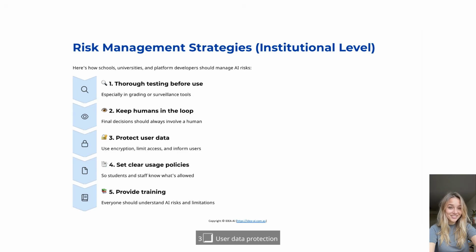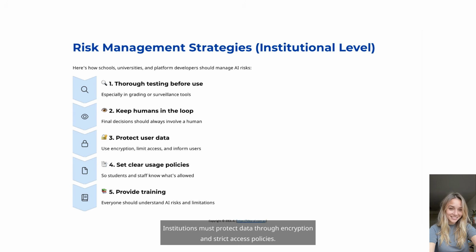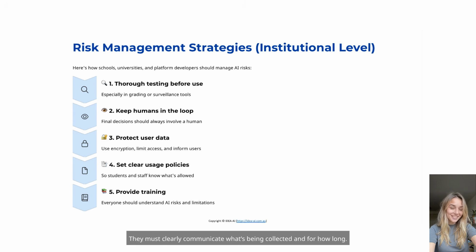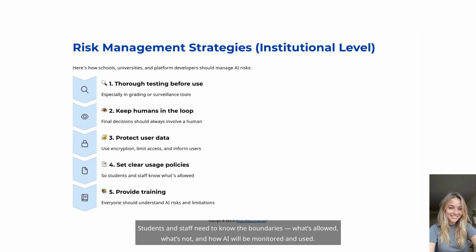3. User data protection. Institutions must protect data through encryption and strict access policies. They must clearly communicate what's being collected and for how long. 4. Clear usage policies. Students and staff need to know the boundaries, what's allowed, what's not, and how AI will be monitored and used. 5.